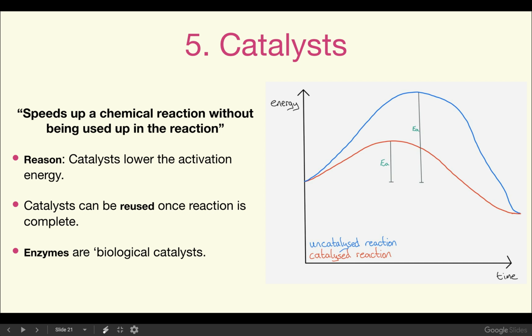When we say a reaction has been catalyzed, we mean that it has been sped up. What effectively an enzyme does is reduce the amount of energy required for the chemical reaction to happen. So this here, EA, would be the original chemical reaction without the enzyme, and the red here is called the catalyzed reaction.